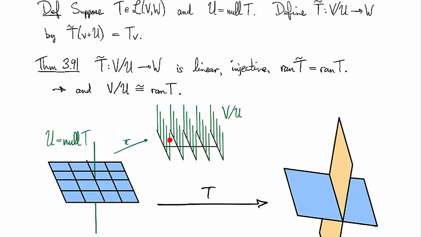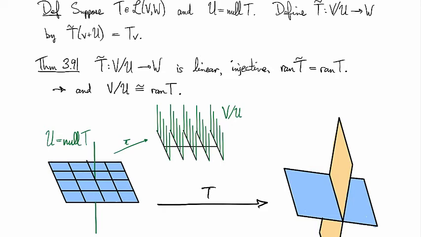The collection of all these equivalence classes looks like the collection of all these vertical lines. Each one of these vertical lines is an affine subspace, which is parallel to the original U that we started with. So there's a nice picture for you of what V mod U looks like.